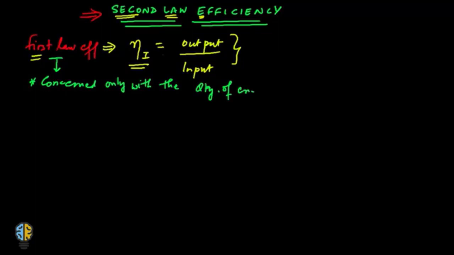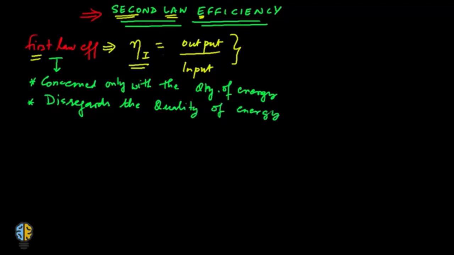It is not at all bothered about the quality of the energy, or you can say it disregards the forms in which the energy exists. So I will just write down that it disregards the quality of energy. Alright, so this is how you can define the first law efficiency.